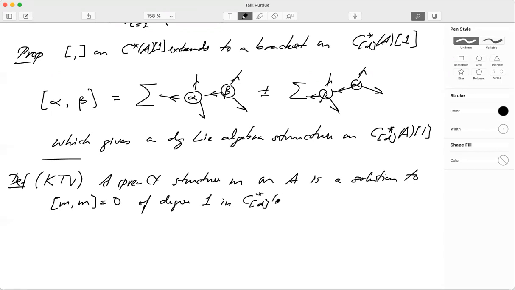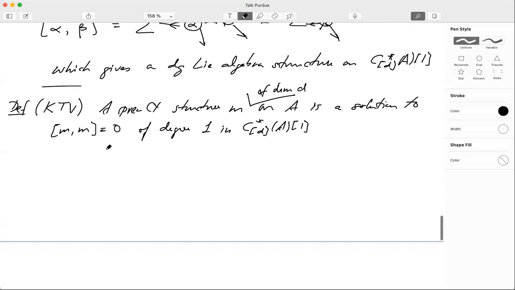And I guess because I have a D here, it is of dimension D. So if you choose a D, you look at pre-Calabi-Yau structures of dimension D on A, then there's a solution to this equation of the form: M starts with my A infinity structure.